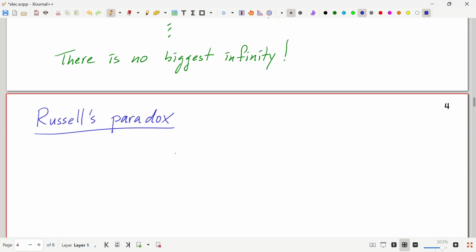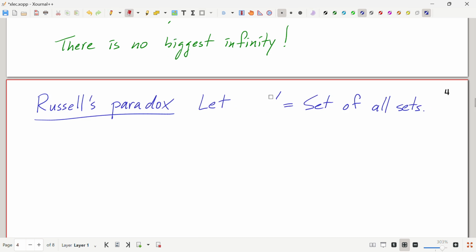Russell's paradox. Let S equal the set of all sets. That's a really big set. I'm going to call that U for universe. Let U be the set of all sets.